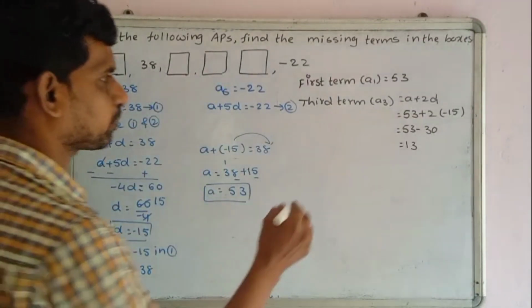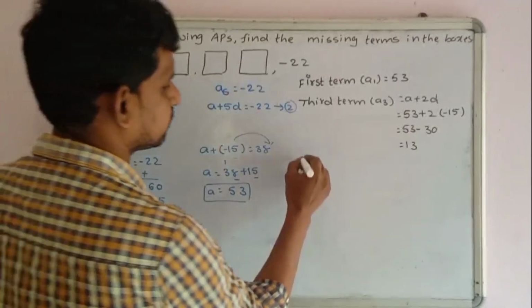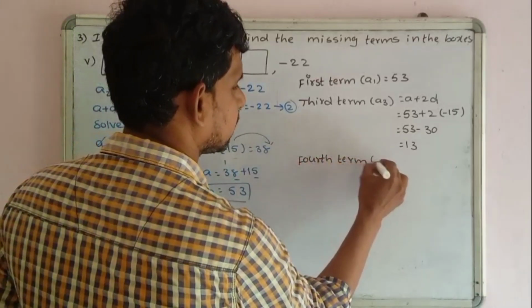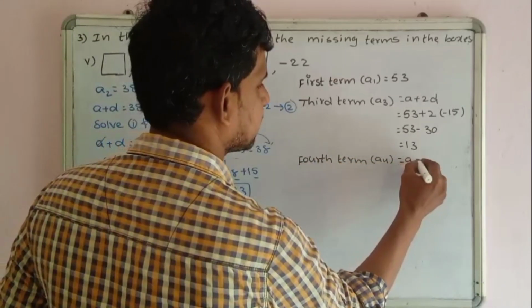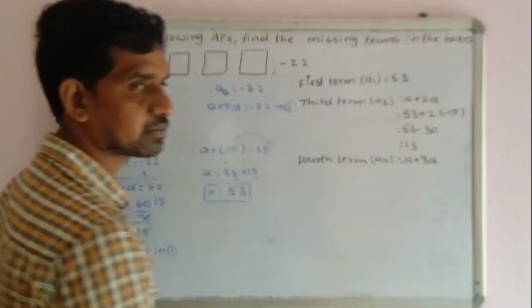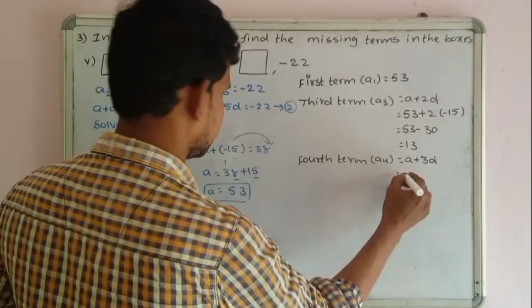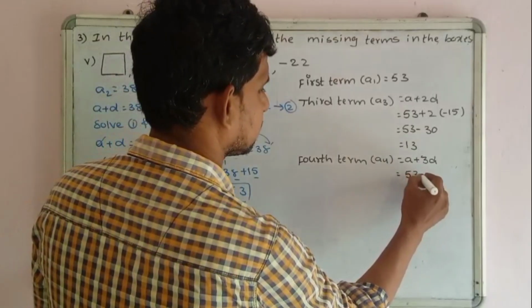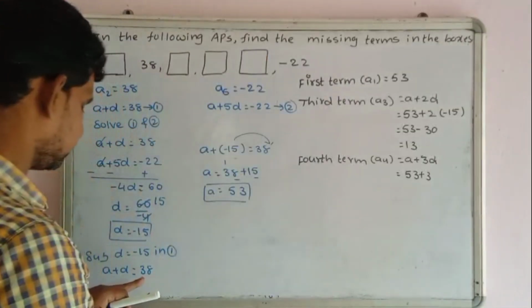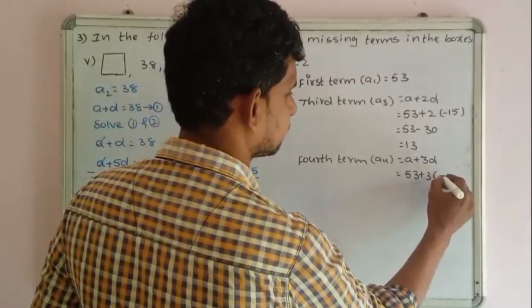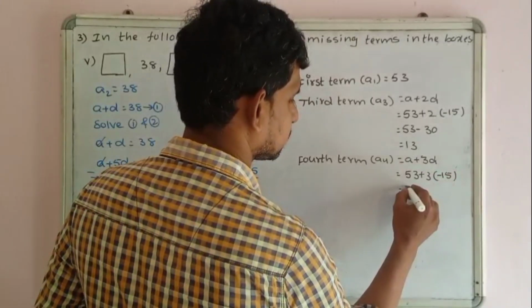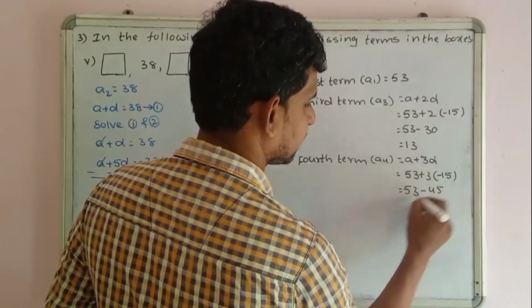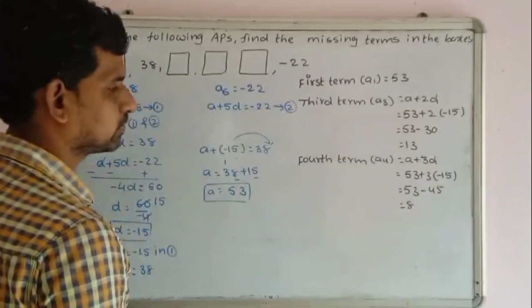Next, fourth term: A4 equals A plus 3D. So A value 53 plus 3, D value minus 15. So 53 plus into minus is minus, 3 15s are 45, that is 8.